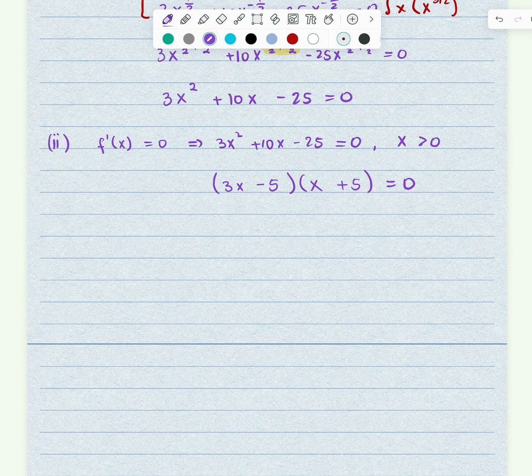So we are going to have only one root here, x equals 5 divided by 3. This is the only root as x is greater than 0, because the other one is x equals negative 5, which we don't take. Always watch out for this. If you take both, you're going to lose a mark. Well, that's it.